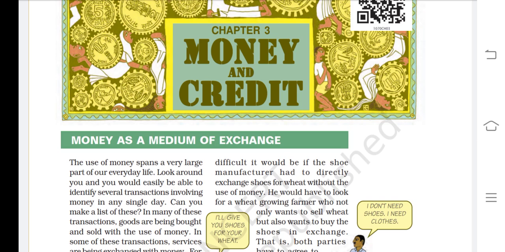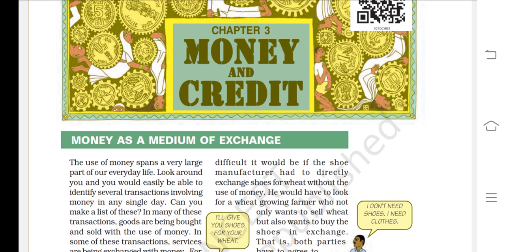First of all, in this chapter we will start with the topic that is money as a medium of exchange. Before discussing this topic, we are just going to take an example. Firstly, we should know what is the use of money. If you want to buy something, you have to give money and you can buy something.